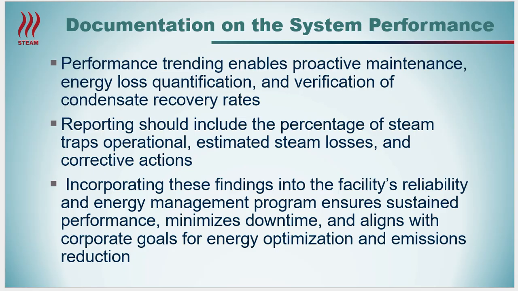Reporting should include percentage of steam traps operational, estimated steam loss if they have failed, and corrective actions. Incorporating these findings into the facility's reliability and energy management program ensures sustained performance, minimizing downtime, and aligns with the corporate goals for energy optimization and energy reduction.